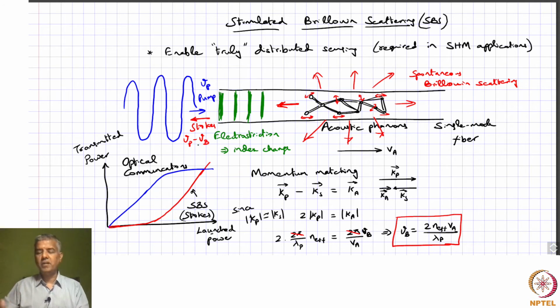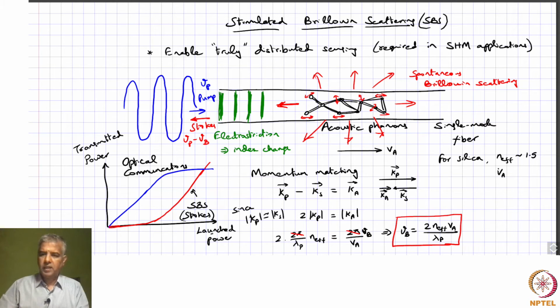So, let us just try to put all this into perspective. Let us start putting some numbers, okay. Let us say for silica, you have N effective, let us assume it is around 1.5, it is actually less than 1.5, 1.46 or something, but let us say it is 1.5.